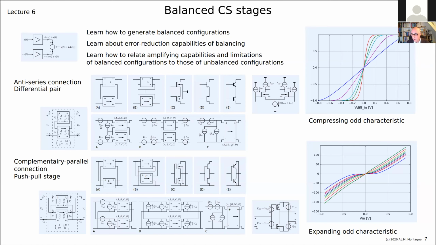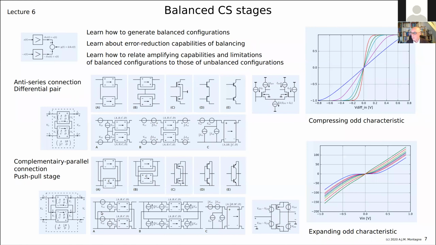And if we know the behavioral modifications due to balancing, we can predict how a differential pair will behave, what the noise behavior will be, how the poles and zeros will be, and of course also what is the change in the nonlinear behavior. And the same we can do for another balanced structure, which is then the complementary parallel or the push-pull stage.